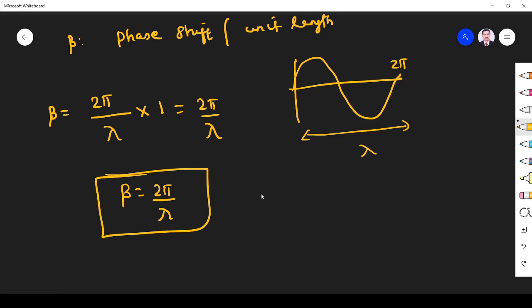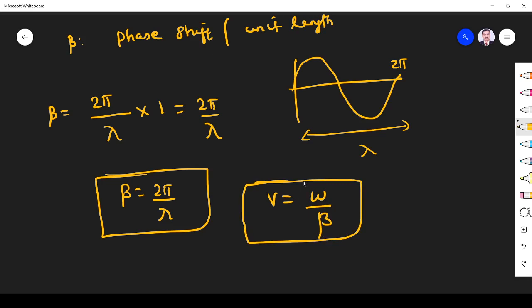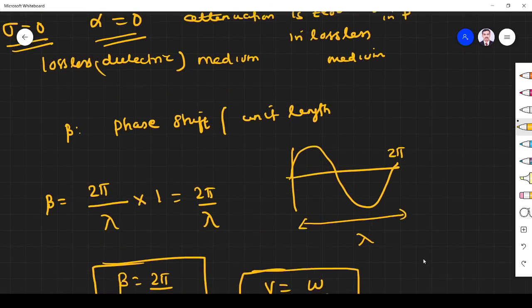And velocity in terms of beta is given by V is equal to omega by beta, right? So this is another thing we have to know. Beta is the phase constant, which is nothing but phase shift per unit length. Alpha is attenuation, right? That is another point we have to note. Now we have studied alpha, beta, gamma.